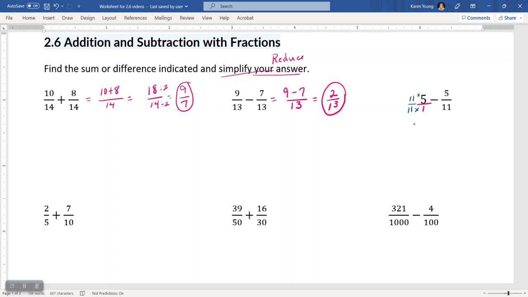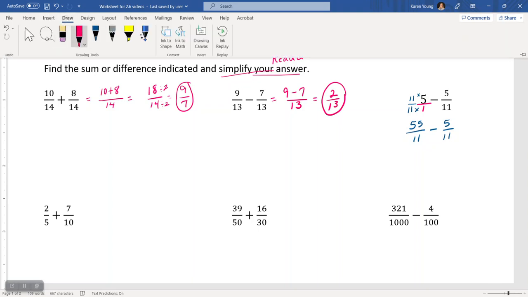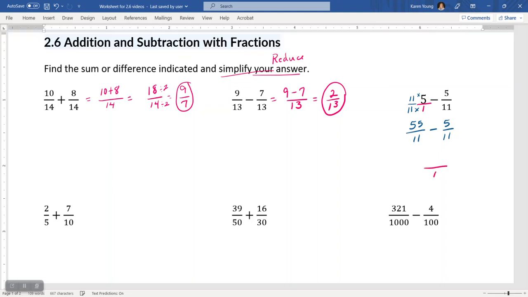So 11 times 5 gives me 55. 11 times 1 is 11, and then minus 5 over 11. So now that I have the same denominator, I'm going to keep the denominator and subtract the numerators.